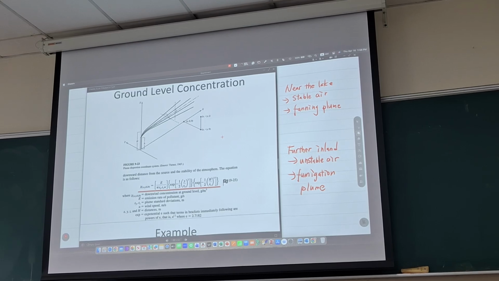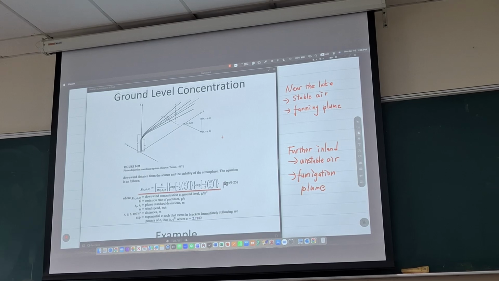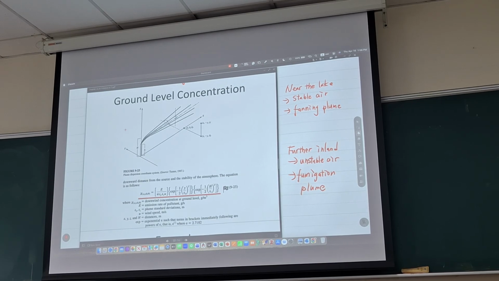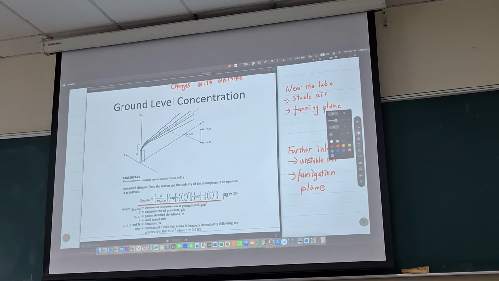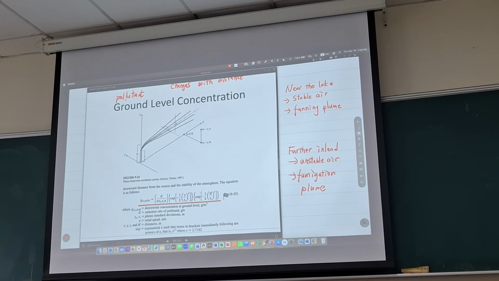This slide, also from the textbook, helps us calculate the ground level concentration, which means the pollutant concentration at the ground surface after the plume is emitted from the stack.